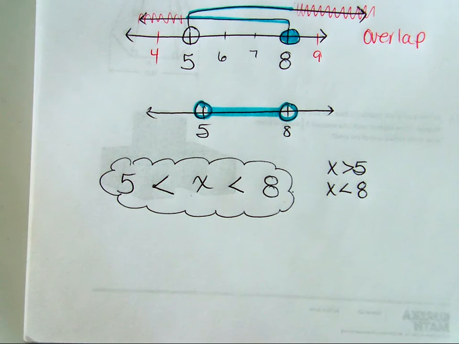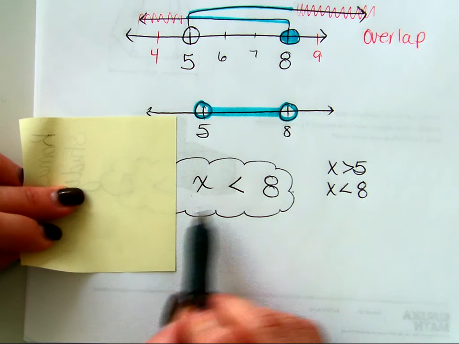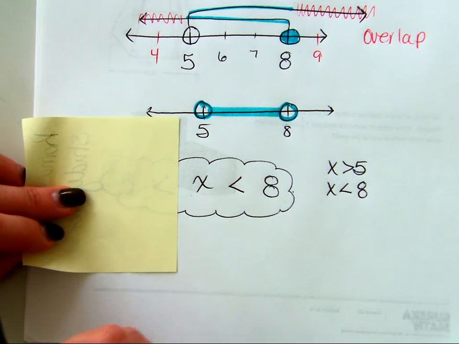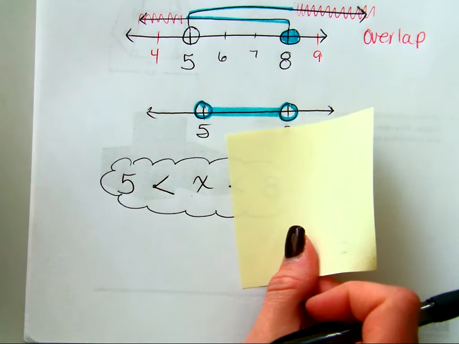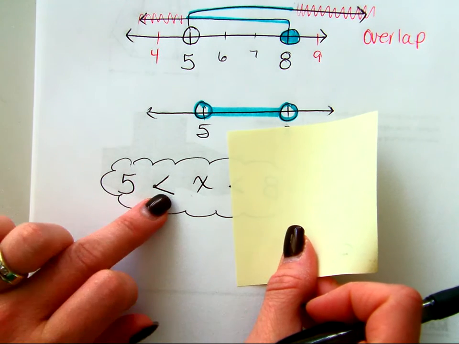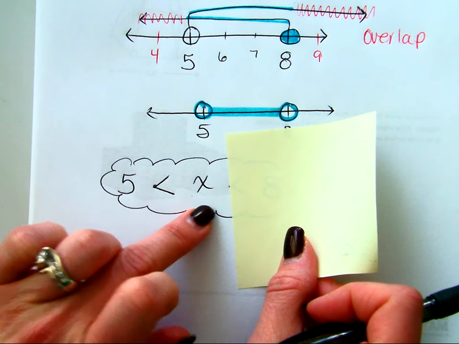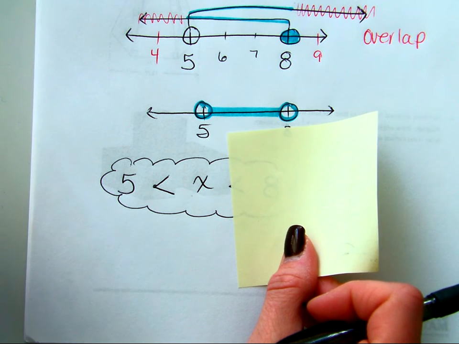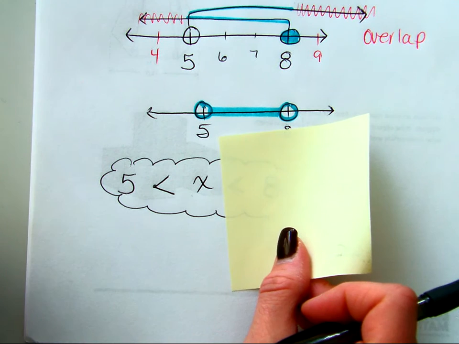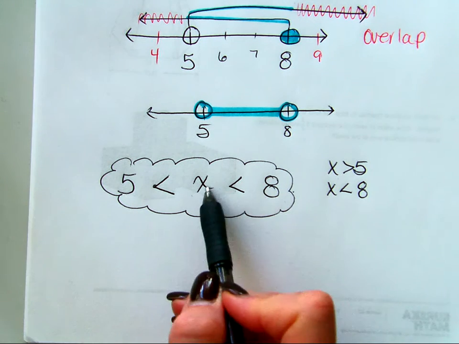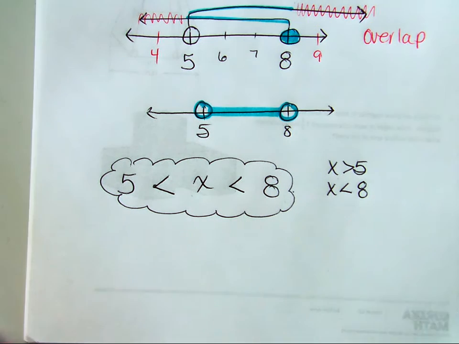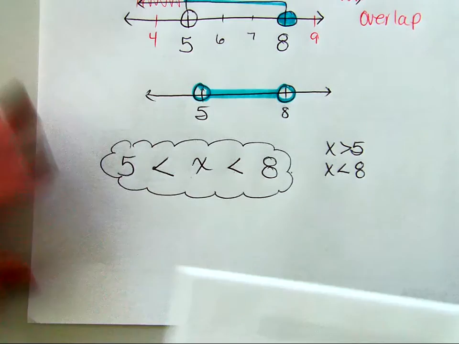And the cool thing is, one of them is already, oh, x is less than 8. Great. It's the other one. If 5 is less than x, that must mean that x is greater than 5. So you just got to be real careful with that. So x is less than 8. So you can separate it like that. Okay? And that's really a compound inequality with and right now.